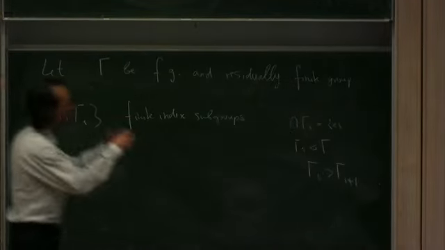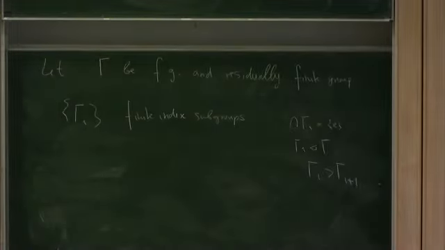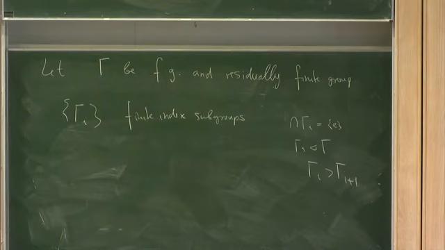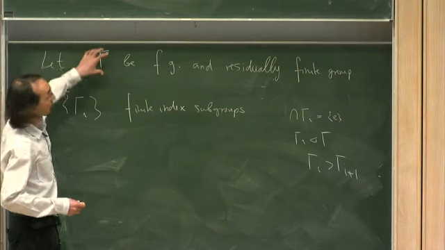Then the finite quotients that we get will for all purposes capture our group gamma; it will embed there.